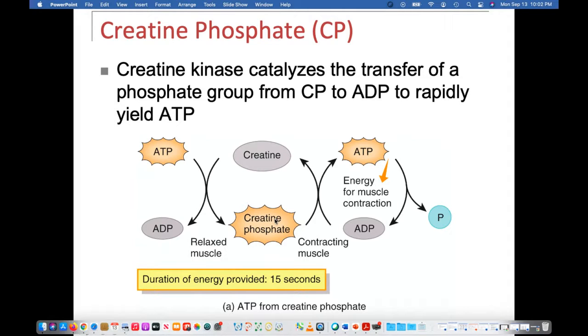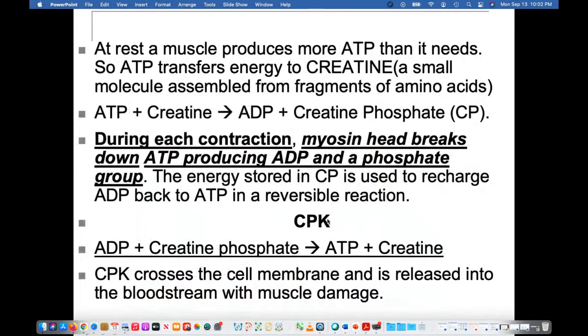Now, if we need energy, the ADP, adenosine diphosphate, joins forces with creatine phosphate and becomes ATP. Okay, this is a really important cycle. It uses creatine kinase. That's going to catalyze the transfer of those phosphate groups. Creatine kinase is creatine phosphokinase, or CPK, that we talked about here.